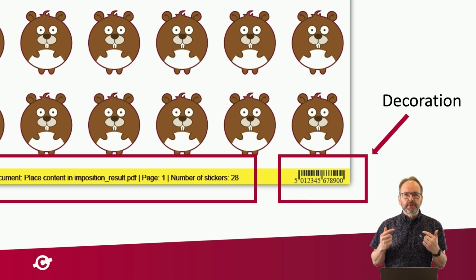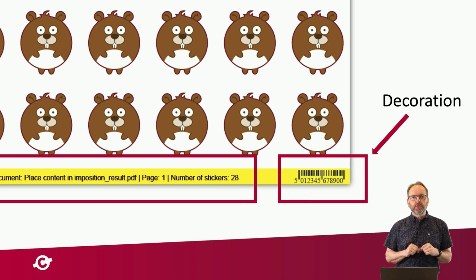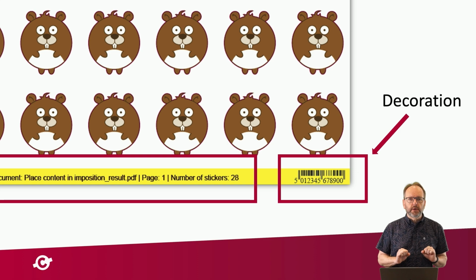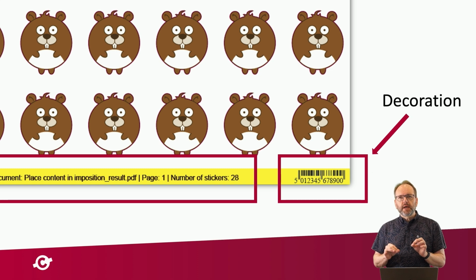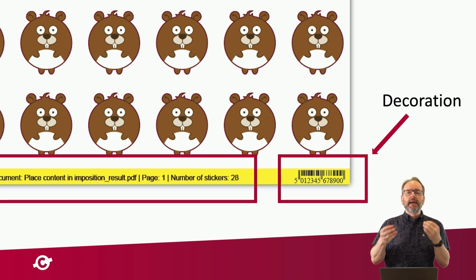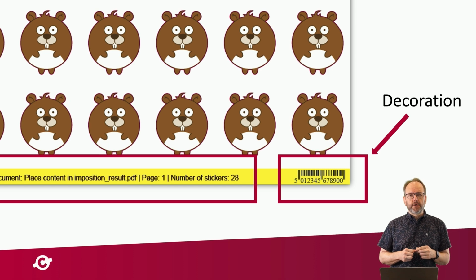And then the last bit of terminology that I want to give you is the term decoration. As of pdfToolbox 16, starting with that major version, there is the concept of using place content-like technology in the imposition engine.